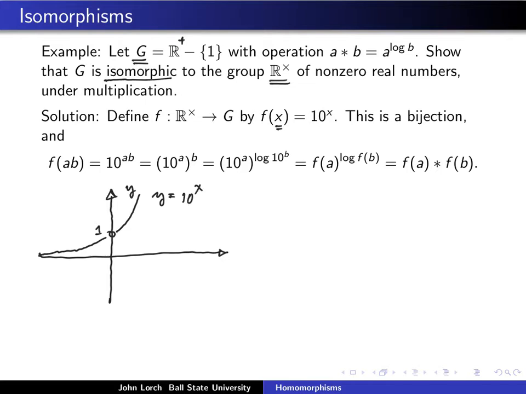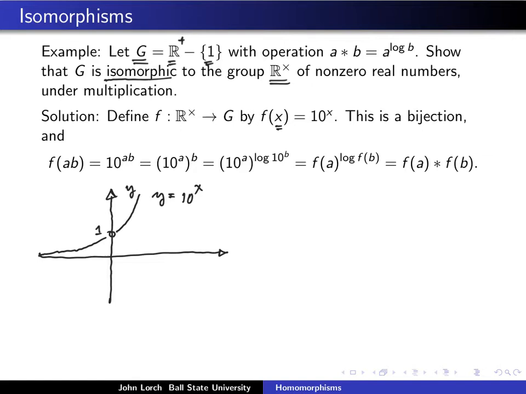And we can see, using the horizontal line test, that this is a one-to-one function. And you can also see that the range of this function is going to be all of the positive real numbers. But because we're not including 0 in the domain, we don't get 1 in the range of this function. Okay, so this function is a bijection.